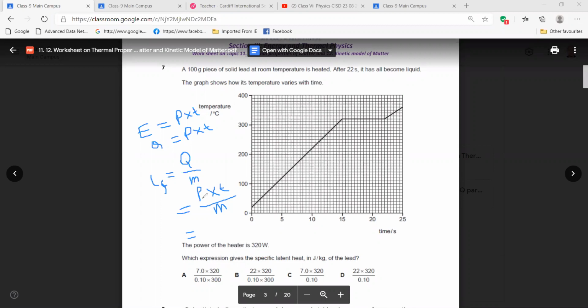Look here, our power is given as 320, time is given as 22 seconds, and the mass of 100 gram will be converted to kilogram, so it will be 0.1. Now you write all these values, then see which one your answer comes to.